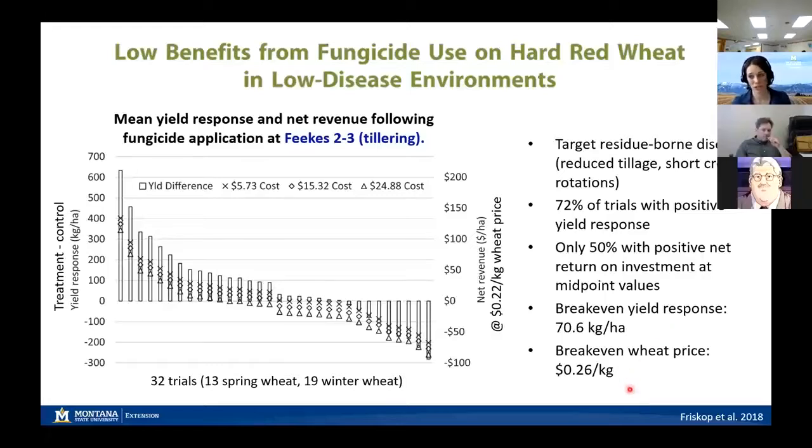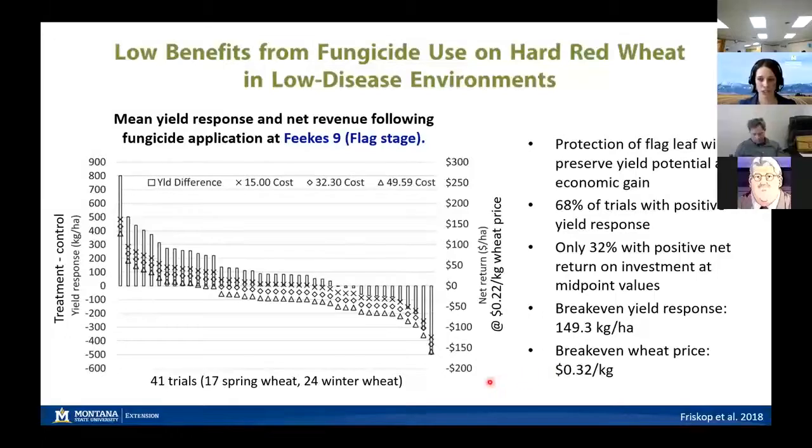Or alternatively, you have to have a wheat price of at least 26 cents per kilogram to justify a fungicide application, assuming these medium application costs of $15.32 per acre.